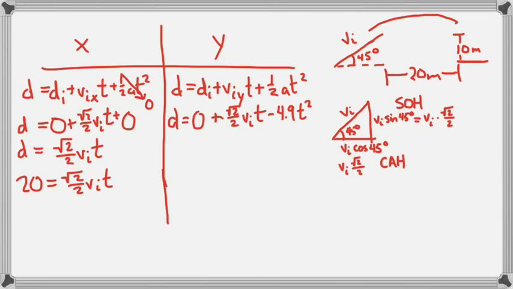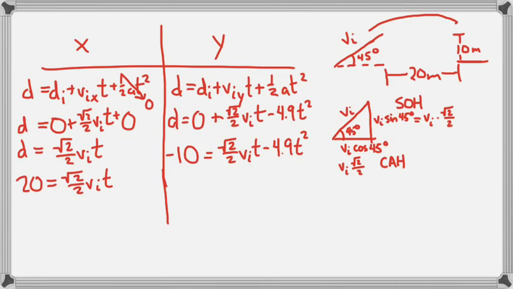Well, we should plug in negative 10. So I have negative 10 equals, let's go ahead and skip the 0 because it doesn't add anything to our sum on the right-hand side. Root 2 over 2 v sub I times t minus 4.9 t squared. All right. Well, it looks like I have a system of equations here. Two variables, v sub I and t, and I have two different equations. This looks like a system of equations.